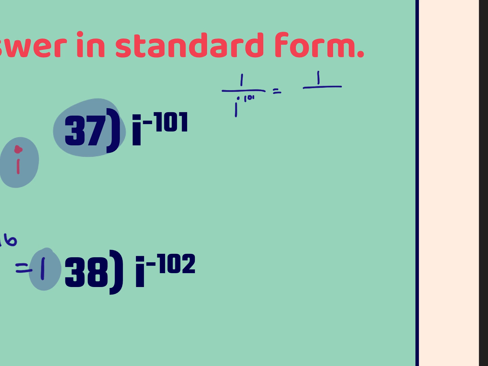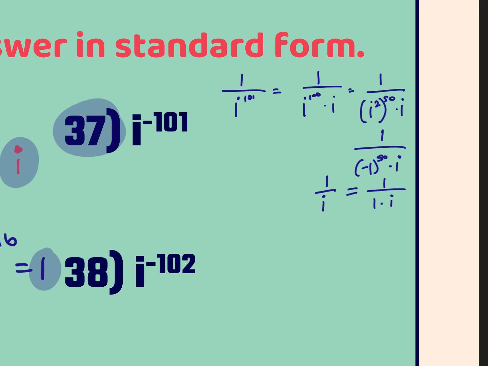I'm going to pull off one i, so it would be i to the 100 times i, which is 1 over i squared to the 50th times i. 1 over negative 1 to the 50th times i is 1 over 1 times i, which is, I'm working backwards over here, 1 over i.